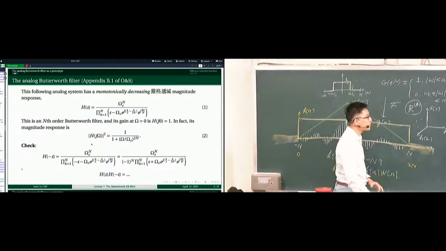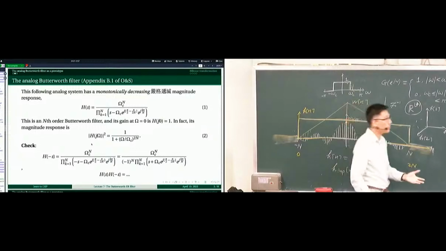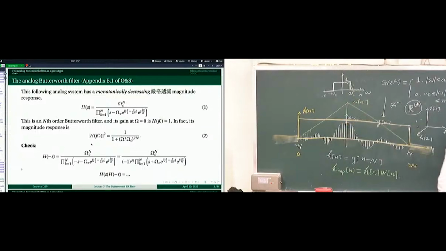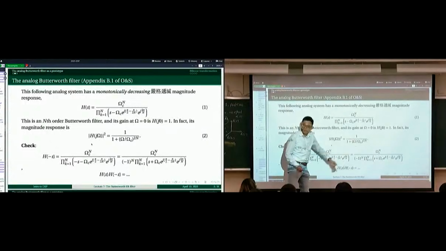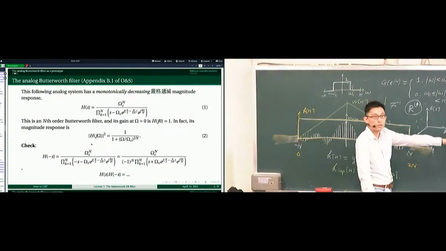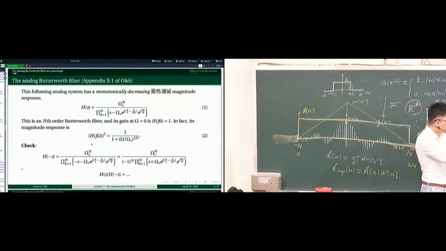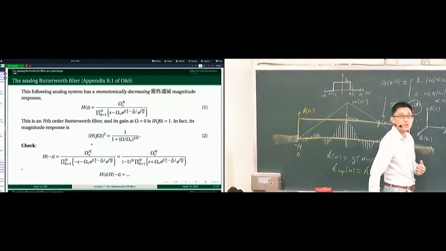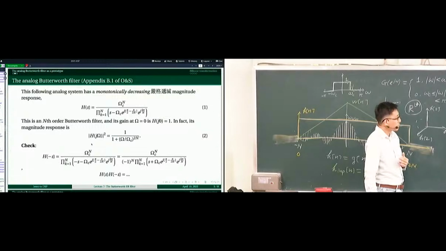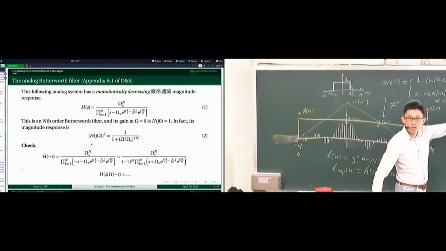When omega increases, H decreases. You see that? With this definition, can we agree? When omega increases and omega c is a constant, actually the cutoff frequency. So we'll make a sketch first. Make sure to understand that this is a nice looking monotonically decreasing magnitude response, even though this looks strange. This looks beautiful, but also strange.